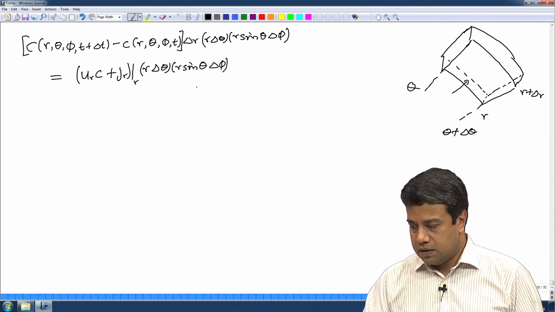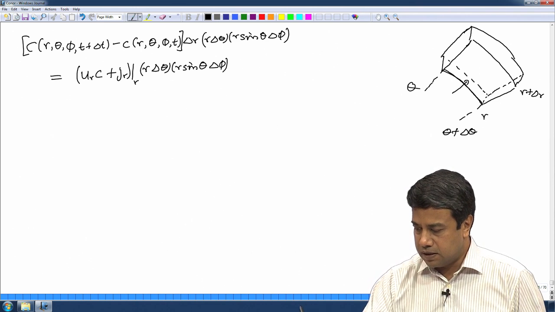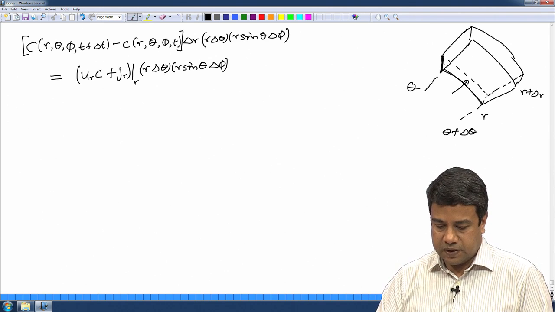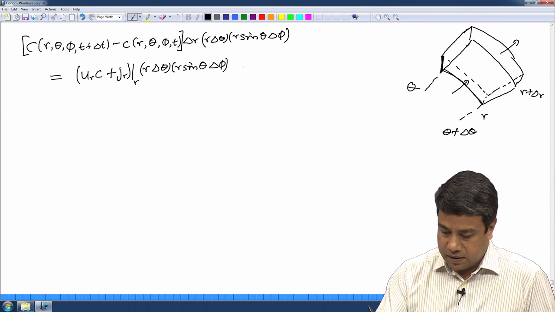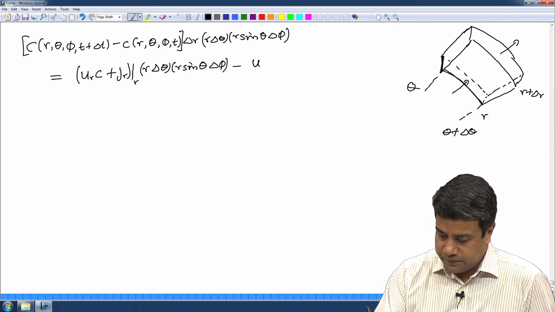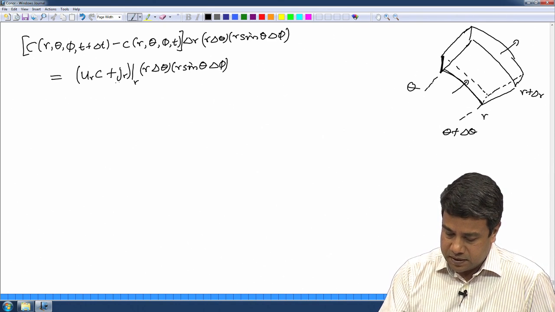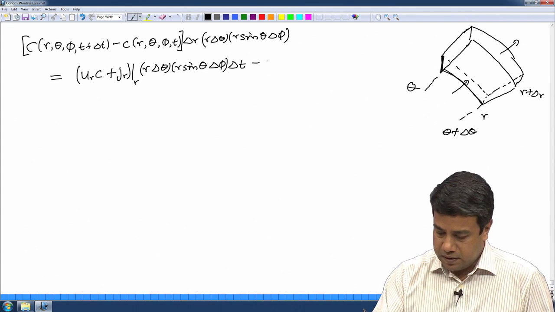So, r delta theta is the length in the theta direction, and r sin theta delta phi is the length in the phi direction, minus the mass out at the location r plus delta r. I am sorry, I should multiply it by delta t as well, because this is a flux times an area times time.